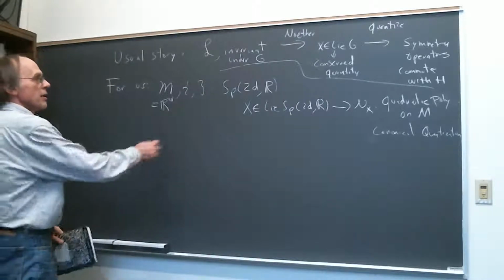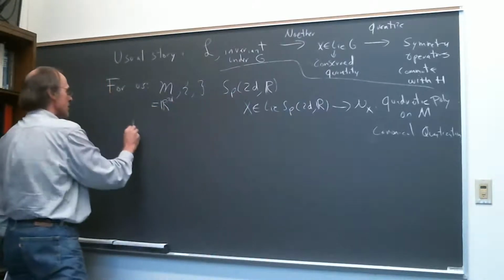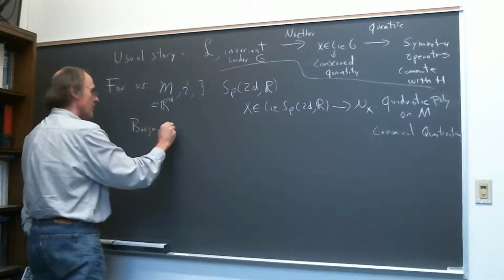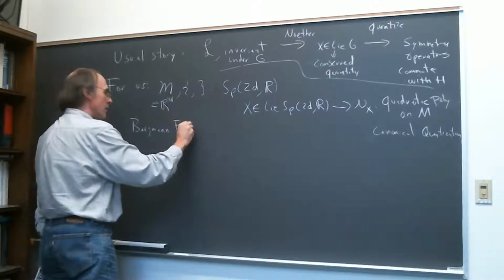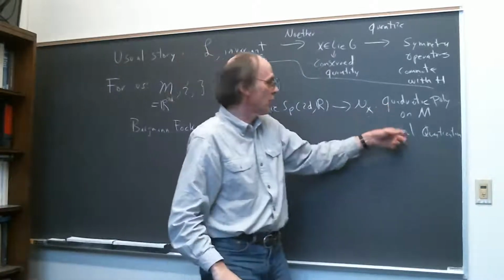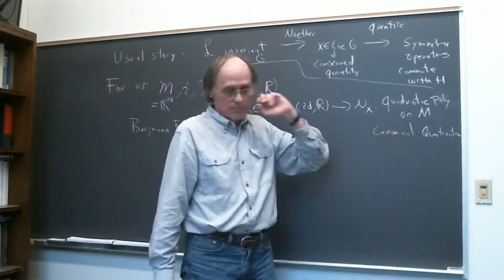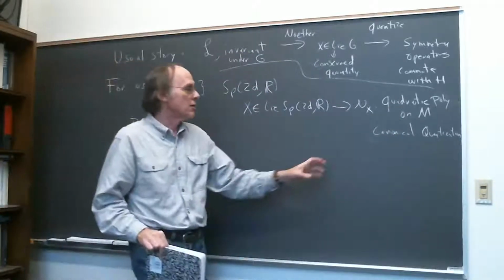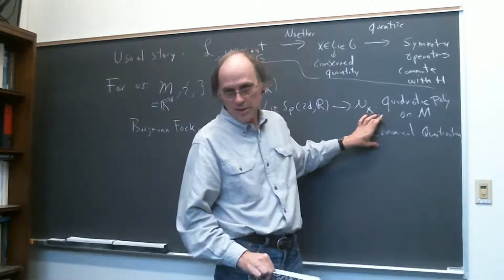And so then the other part of the story is Bargmann-Fock. In order to do this canonical quantization, you have to figure out some way in which you're actually going to construct your operators and states.